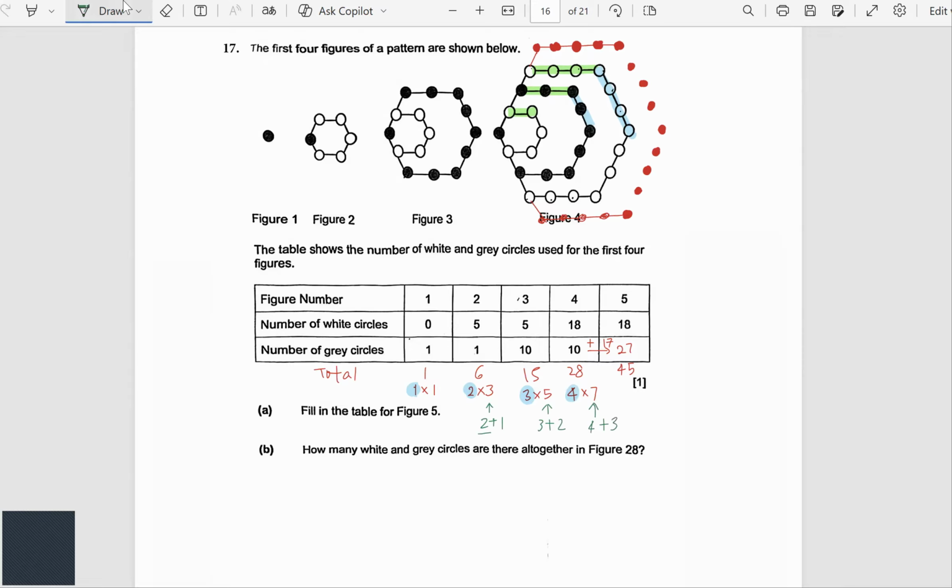So it's a pattern number times pattern number plus the number before. So figure 28 would be figure number times the sum of figure number plus the figure before.